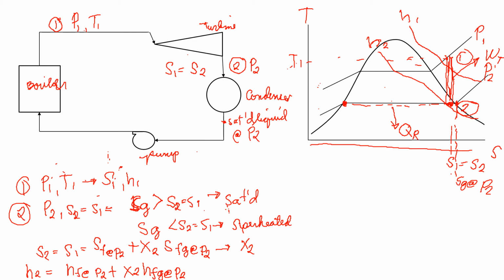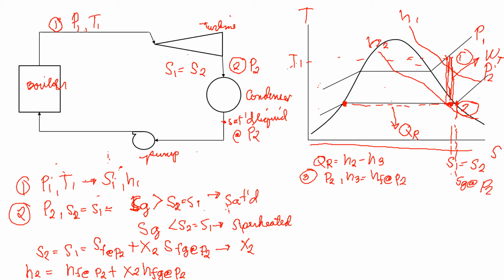So heat rejected means QR is just equal to H2 minus H3. But what is H3? So at point 3, we have a saturated liquid at pressure 2, so H3 is equal to HF at pressure 2.